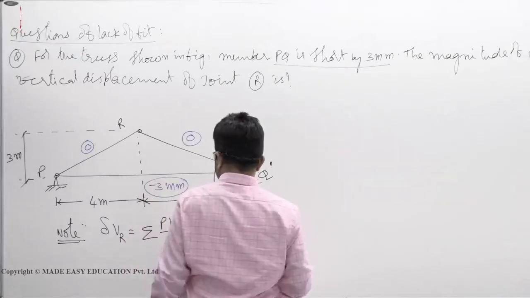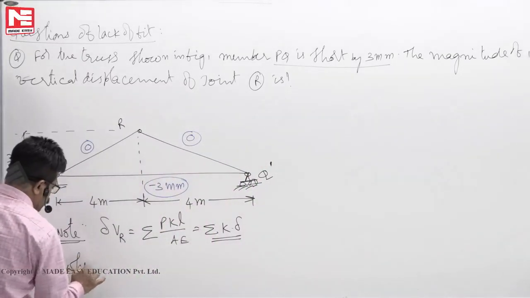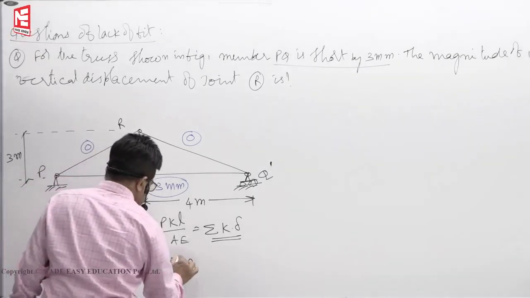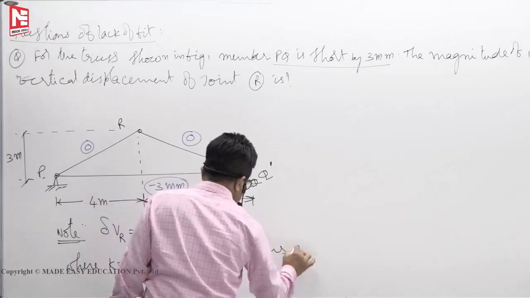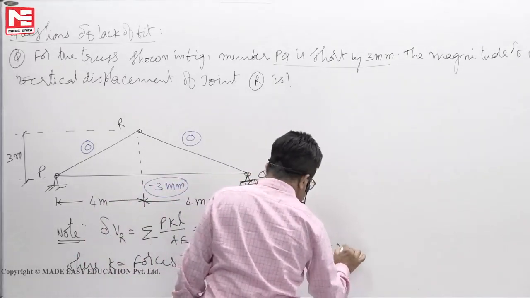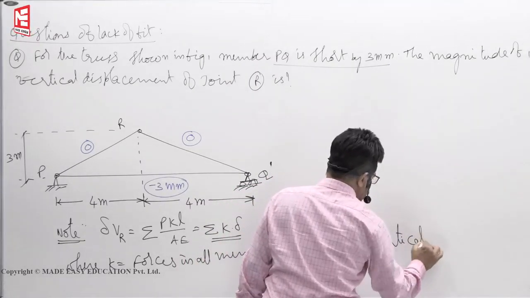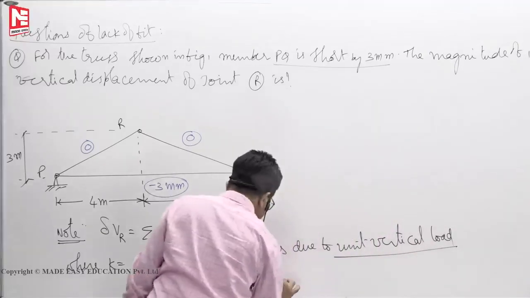K delta, delta values are already given, where K is equal to forces in all members due to unit vertical load applied at R.